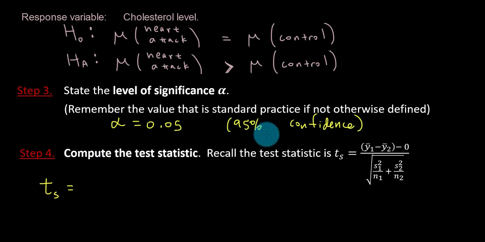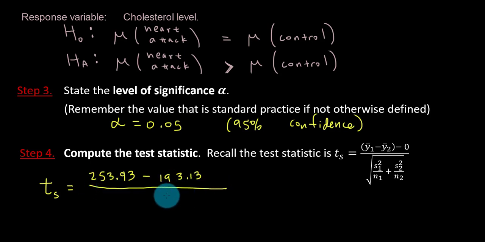And we identified group number 1 as the cholesterol levels from those who recently suffered a heart attack. The average there was 253.93. We're going to subtract the control group cholesterol levels, and in the denominator, we've got that big square root of s squared over n for each sample.